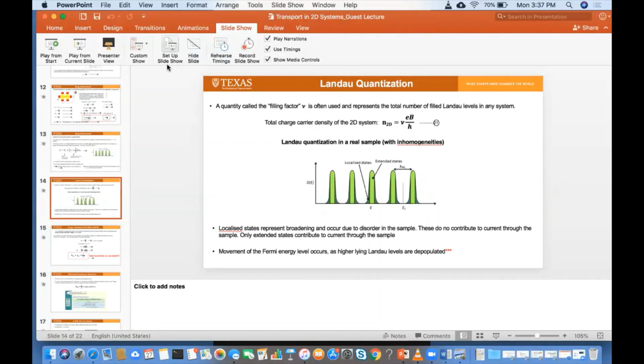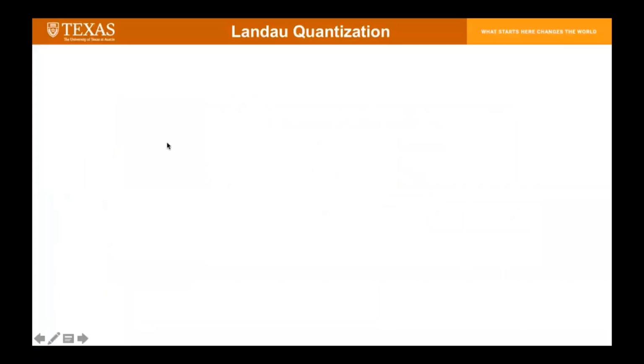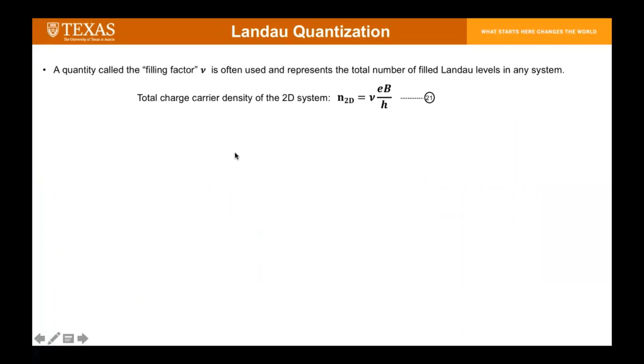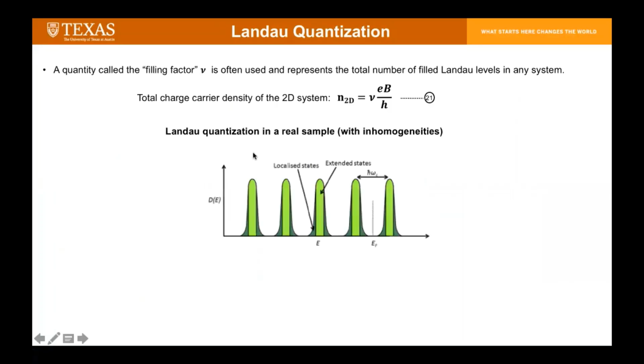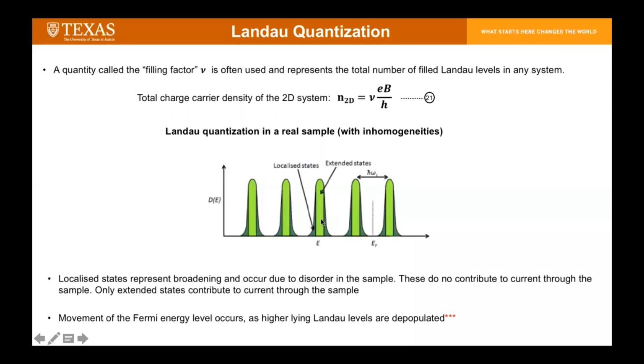So if you have an integer number of Landau levels filled, this expression I'll come back to, this is very important. One thing that you would have noticed is you have these central regions and you have these tail regions. The tail regions are called localized states and the central regions are called extended states.